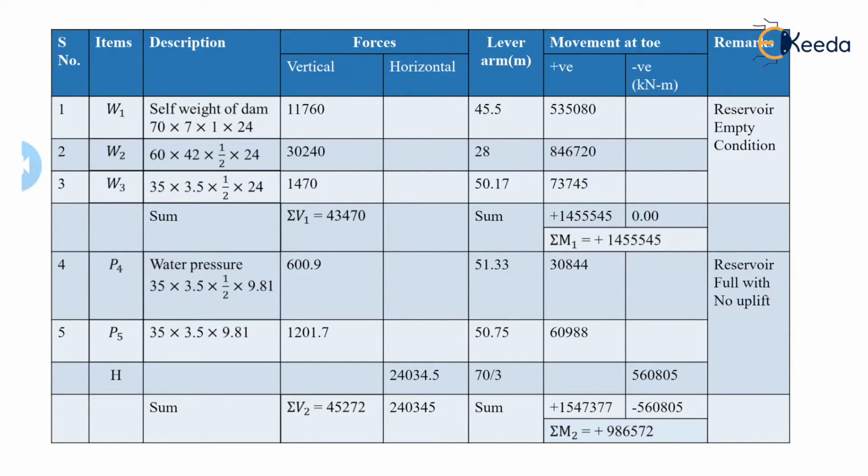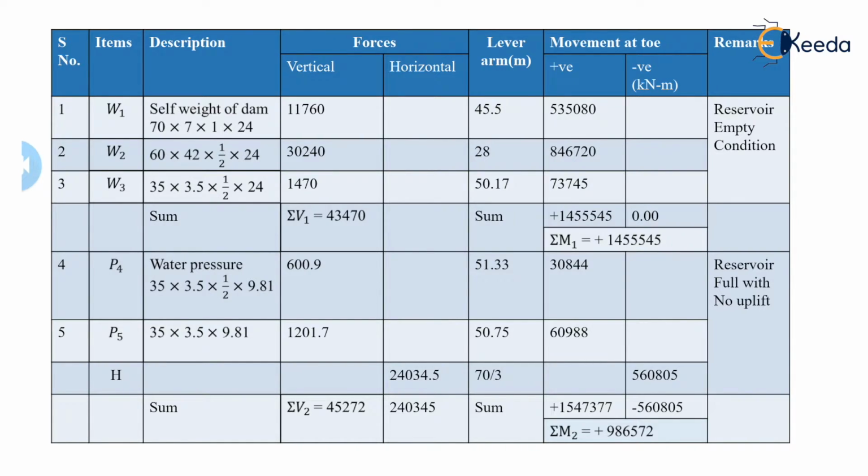Just write down what you want to find out: the forces, whether vertical or horizontal; then find out the lever arm, that is the center of gravity and the distance from the center of gravity up to the toe section. Then find out the moment. If you find out the force and you know the lever arm, the distance, you will easily find out the moment about the toe. And you can write down the remark also.